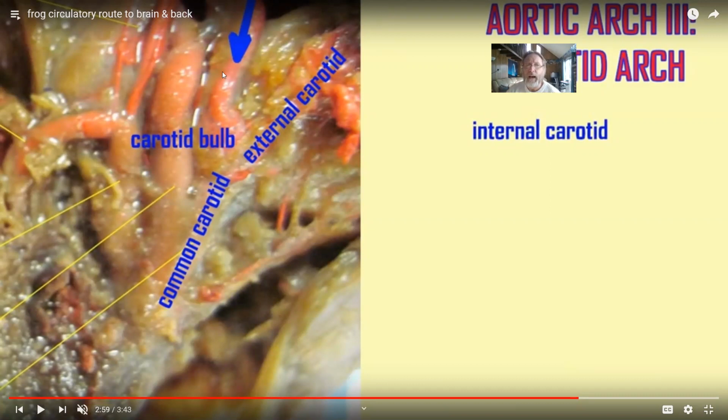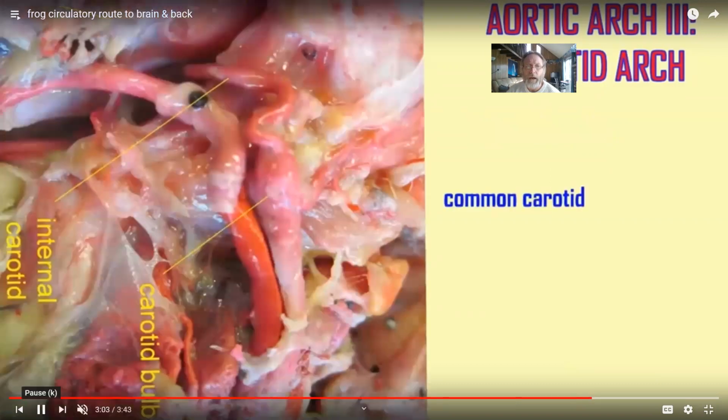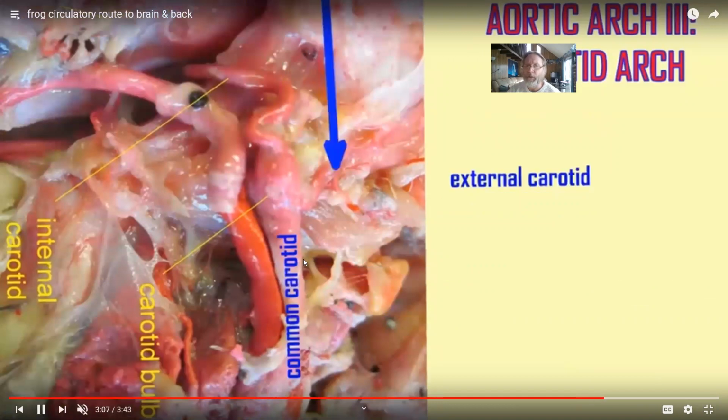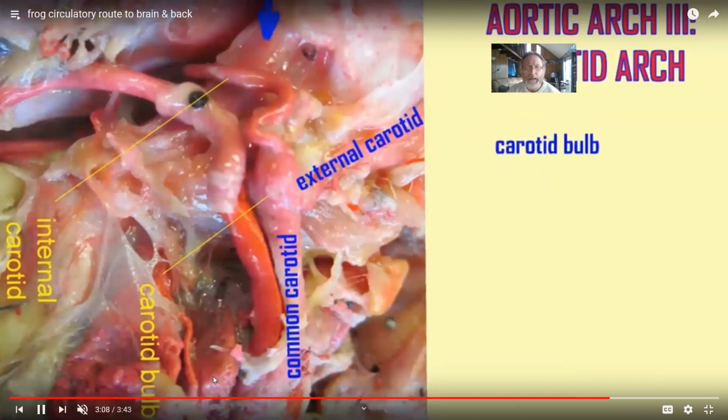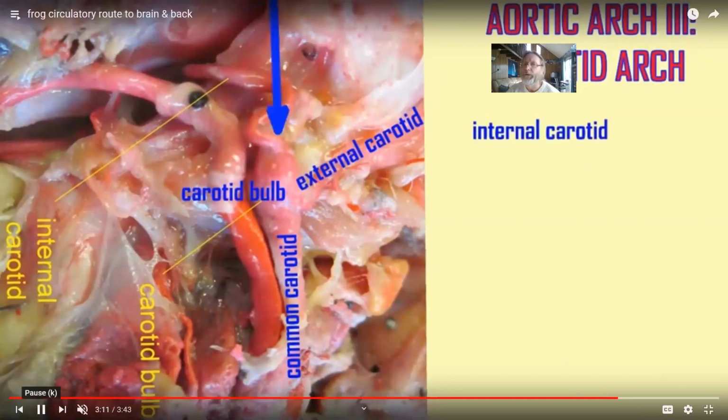This is right where the common carotid will split to make an internal and external carotid. Once again, where our common carotids, we humans, branch to form the internal and external, we also have those special sensors.